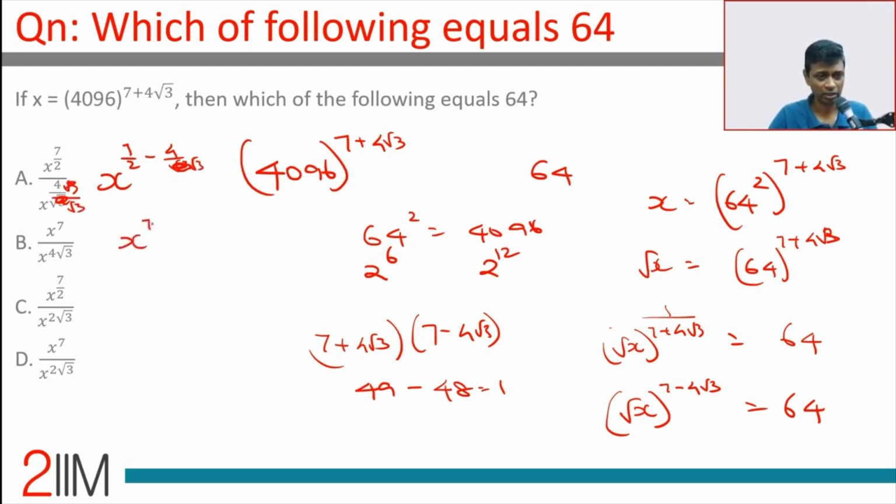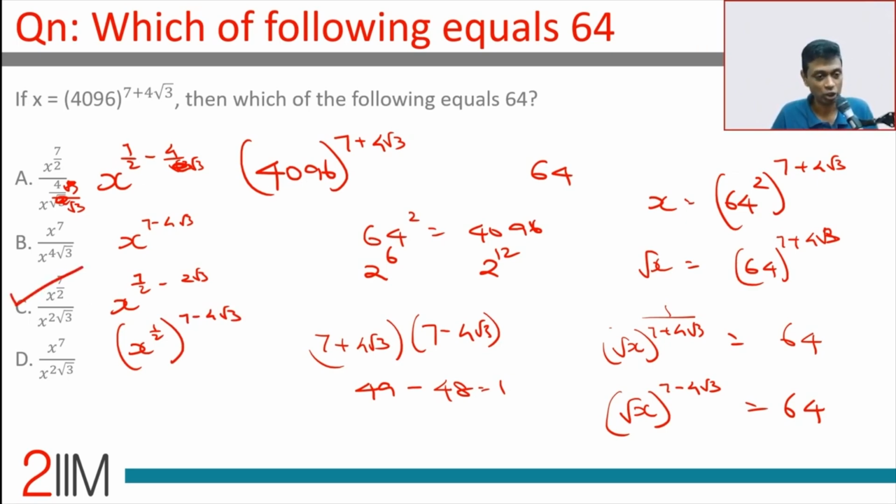This is x power 7 minus 4 root 3. This is also incorrect. It will be square root of x power 7 minus 4 root 3. This is x power 7 by 2 minus 2 root 3. Yep. This is x power 1 by 2 whole power 7 minus 4 root 3. This choice works brilliantly. Choice A, if it had been 4 root 3, we would have exploded. It is 4 by root 3.